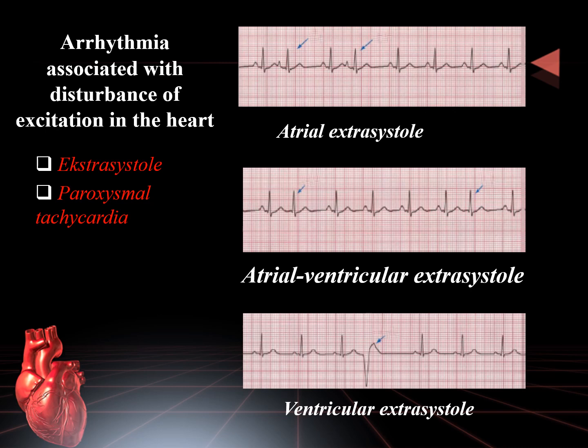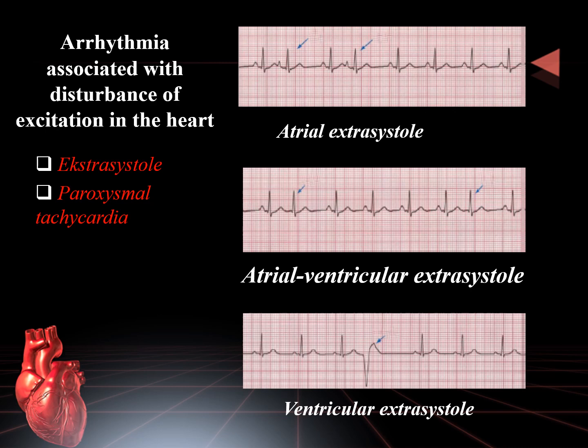It is normal in the ventricles and retrograde in the atria. Moreover, on the ECG, after the normal QRS complex, the negative P wave is noted. The duration of the diastole after the extrasystole is long.